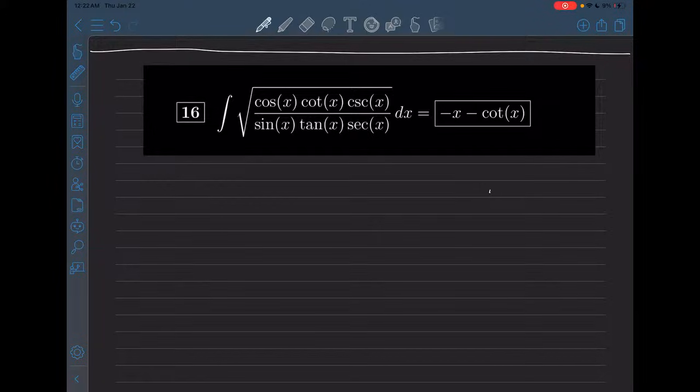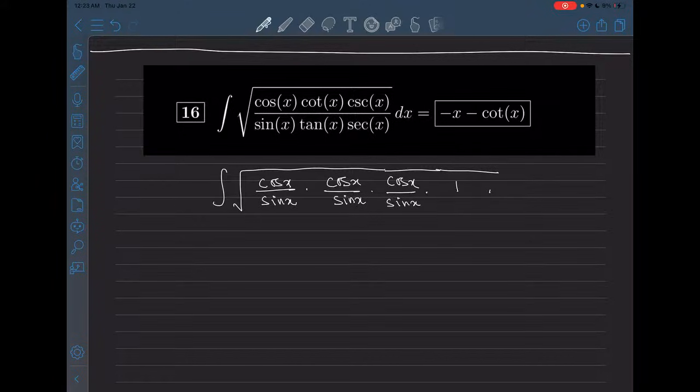Okay, let me first try to write all of them in terms of sine and cos, okay? That's the first thing you would do, right? If I do that, it will be cos x over sine x. And then again, for cot, cos over sine. For tan, sine over cos.